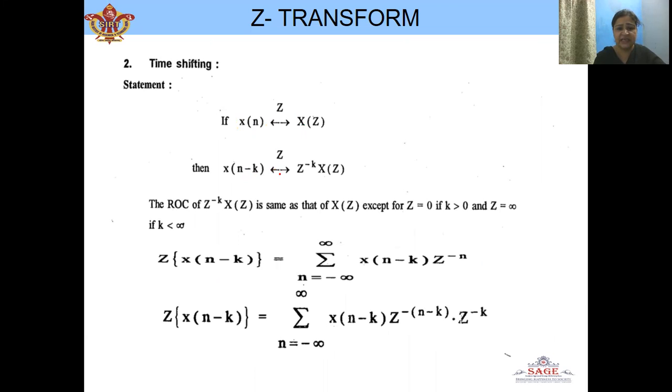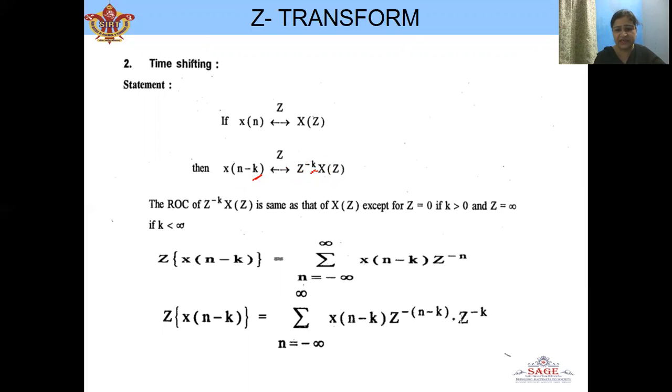In that case, the Z transform will be X(z) z raised to power minus k, where this minus k is the units by which the signal x(n) is being shifted. Here, the ROC of z raised to power minus k X(z) will be the same as that of X(z), except for z equal to 0 if k is greater than 0, and z equal to infinity if k is less than 0.